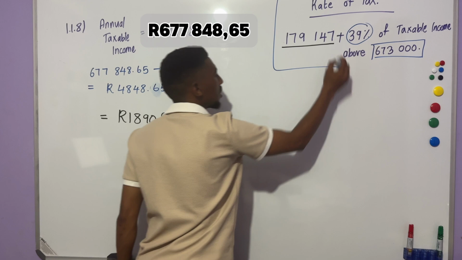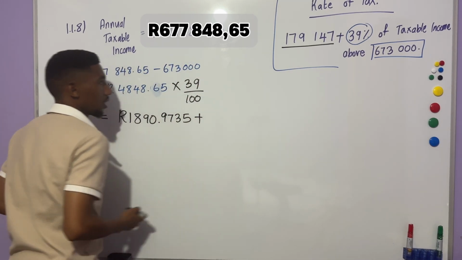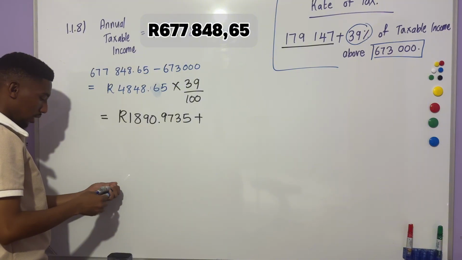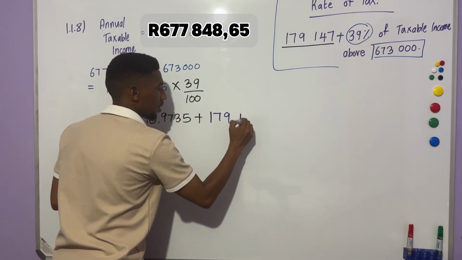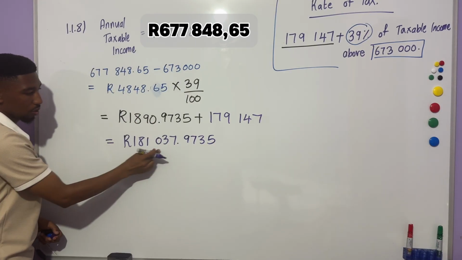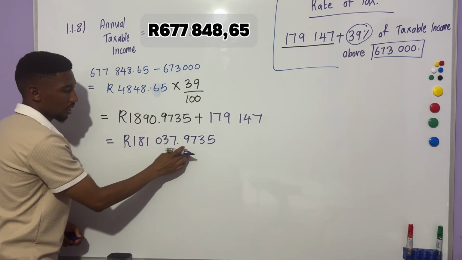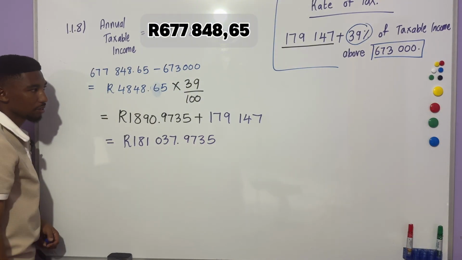Then afterwards we add the 179,147. So we add that, we have an answer of 181,037 Rand. I'm not rounding off until the end.